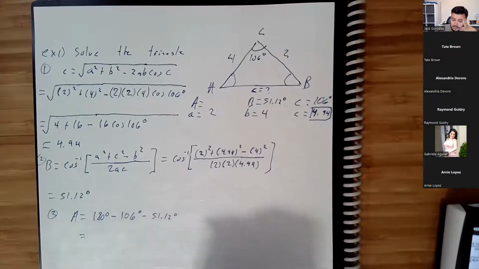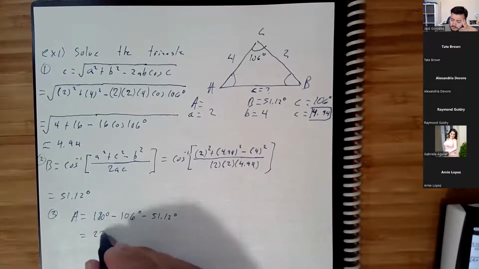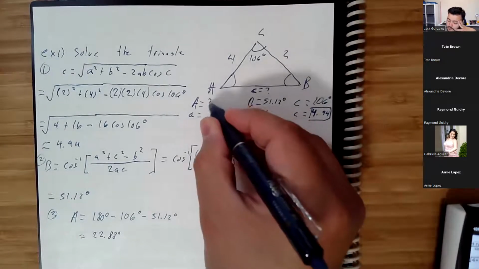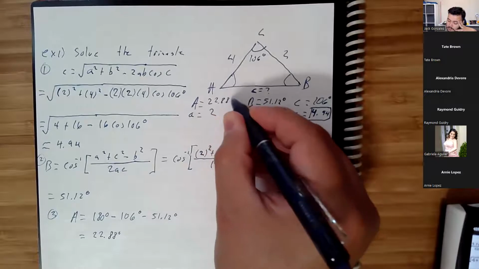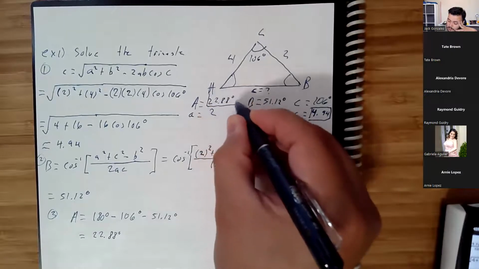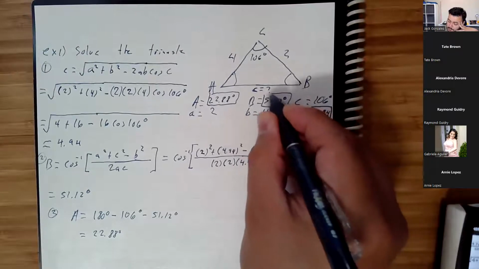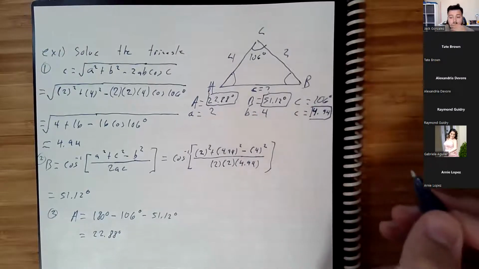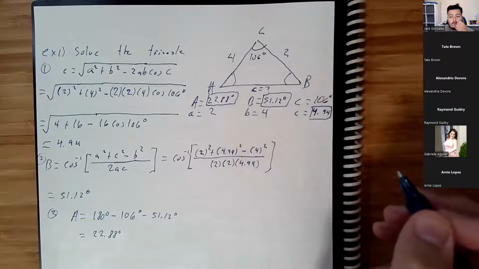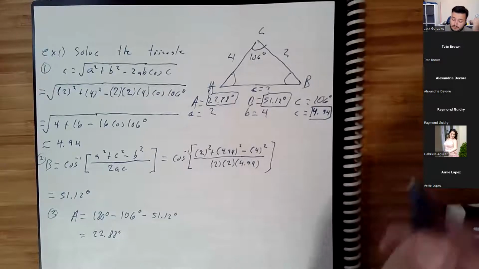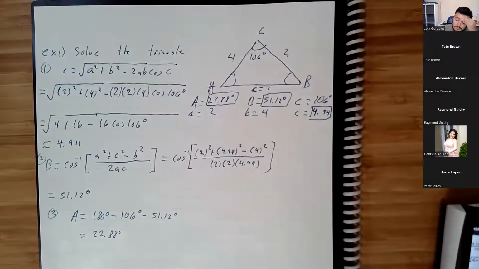So that'll be 22.88. Okay. There we go. And that's it. We found all the missing pieces. Any questions on example 1?